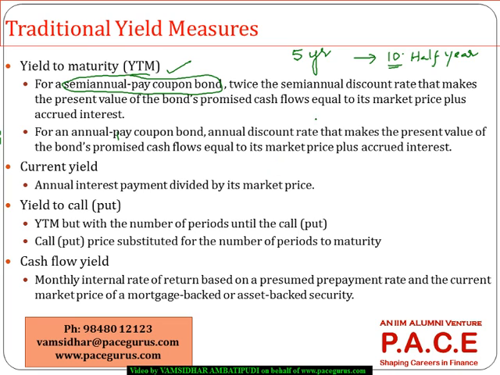That part please make sure, because most of the regular scenarios which we work out assume the payments on a semi-annual basis, unless the question clearly specifies that it is an annual pay coupon bond. Otherwise, you can very well go ahead with the assumption of a semi-annual pay itself.